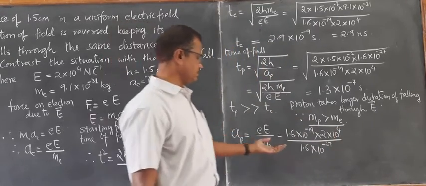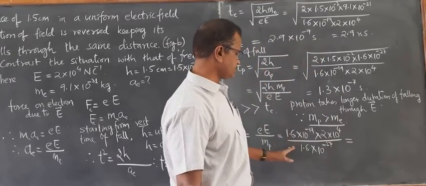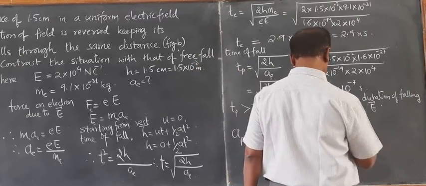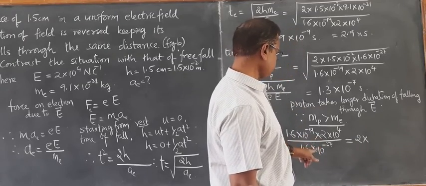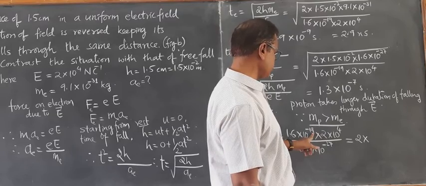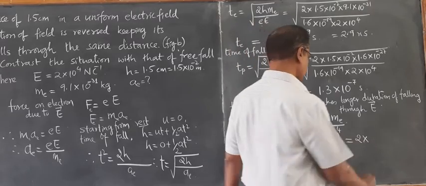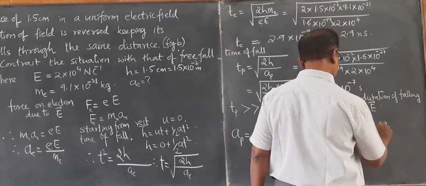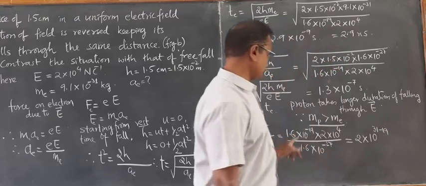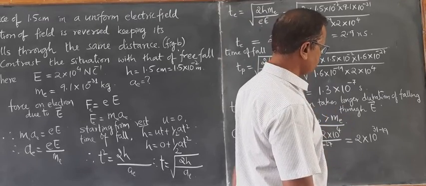If you cancel 1.6 with 1.6, it comes out to be 2 into 10 to the power of minus 19 plus 27 plus 4, which is 10 to the power of 12.